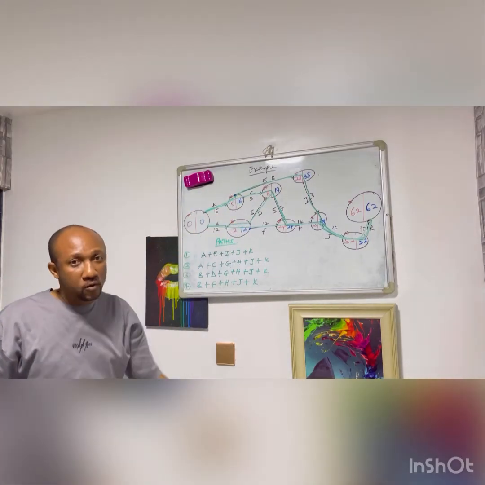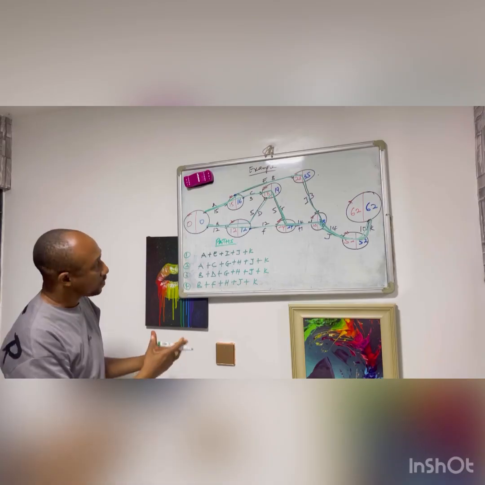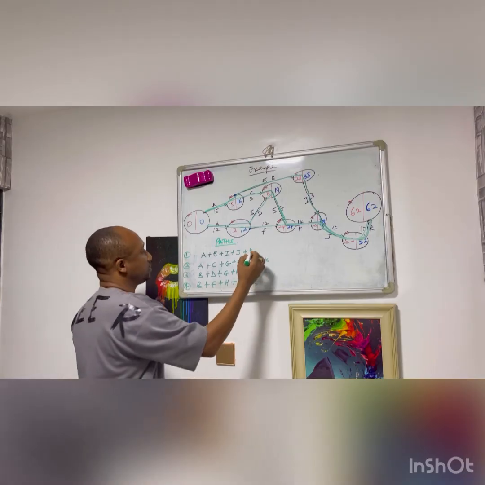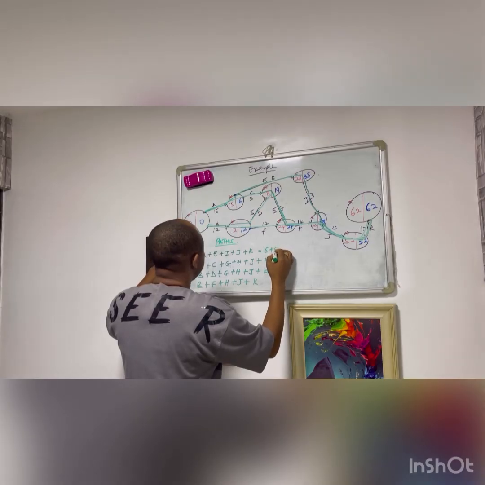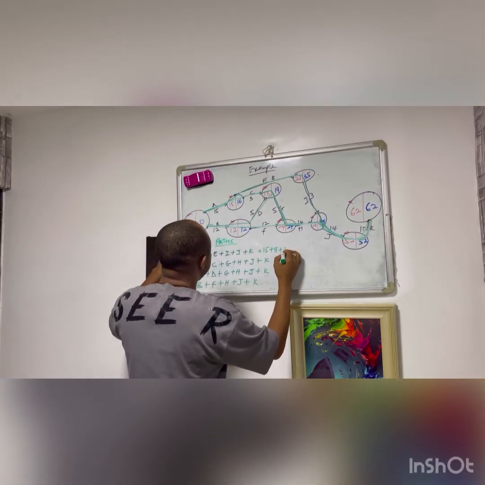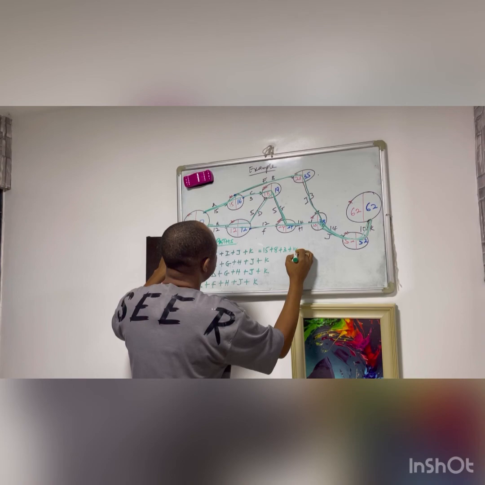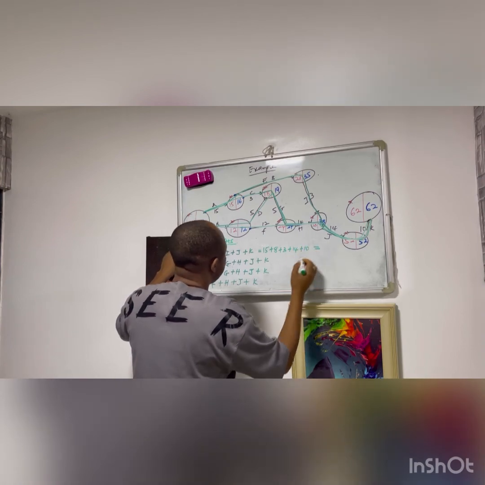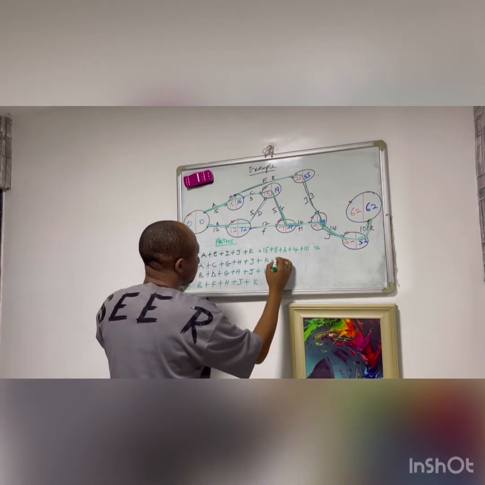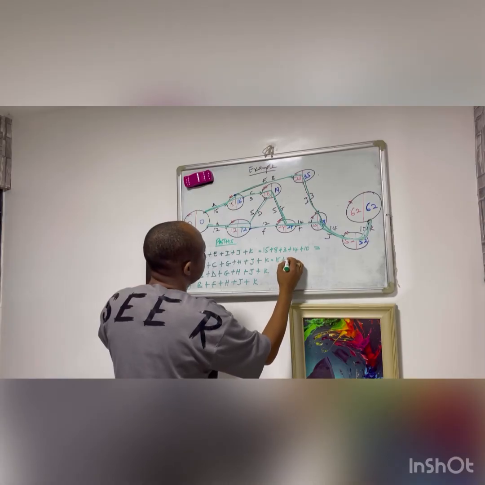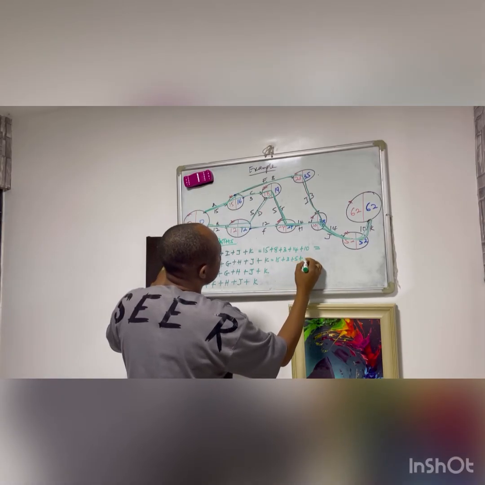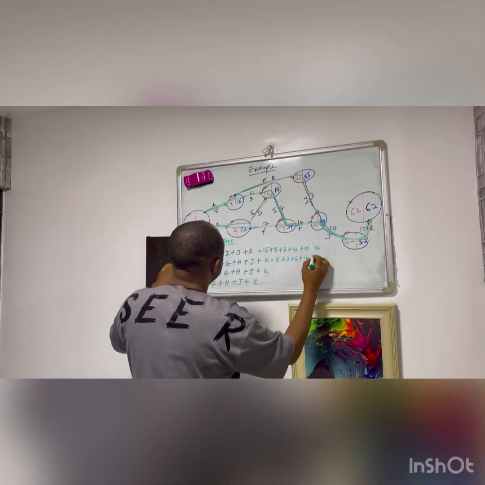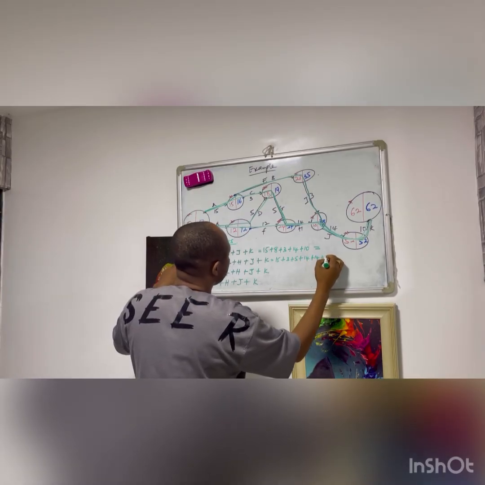If we now look at the time calculation of these 4 parts, I have here 15 plus 8 plus 3 plus 14 plus 10. And this one is 15 plus 3 plus 5 plus 14 plus 14 plus 10.